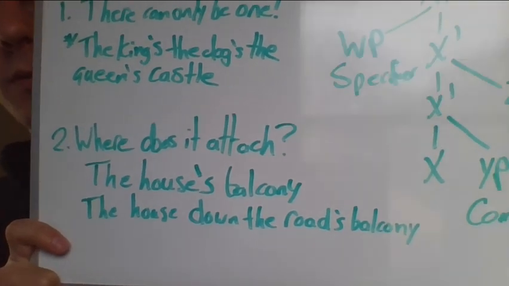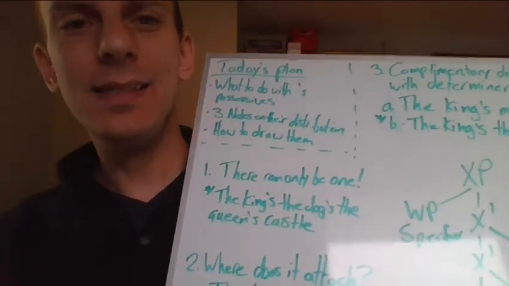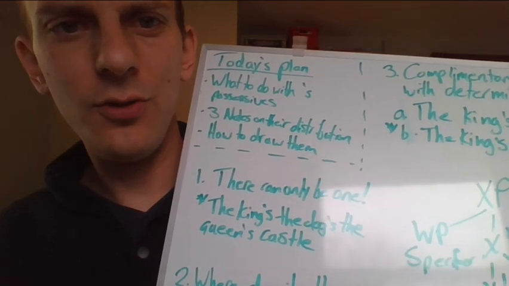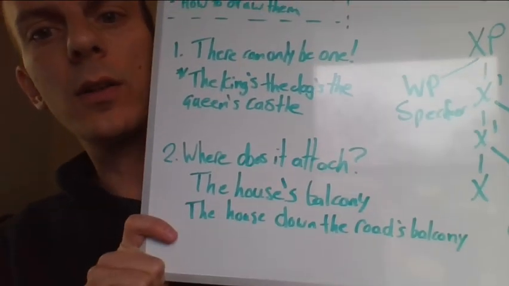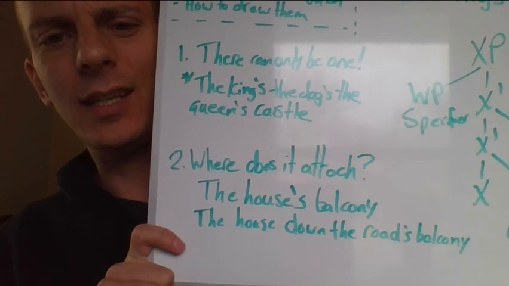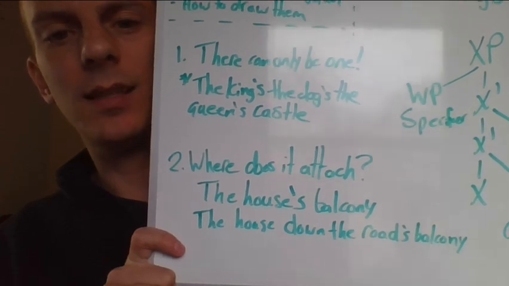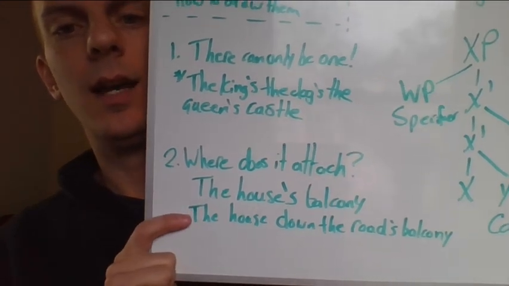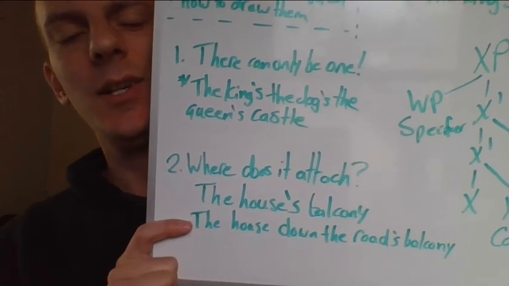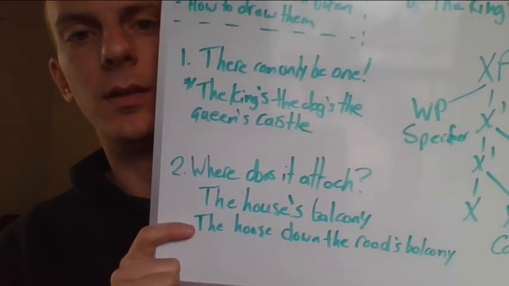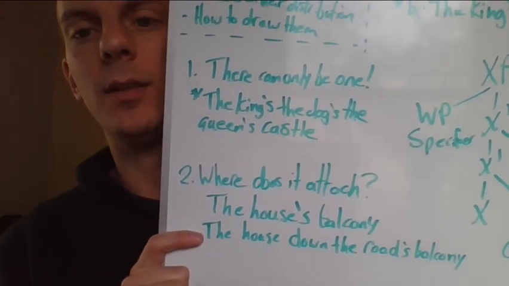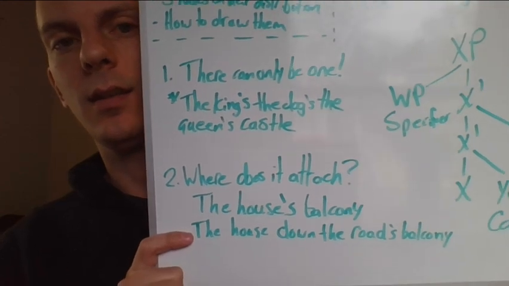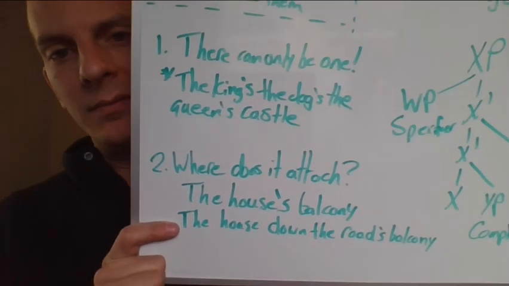Has the possessive situation actually changed? Is it suddenly the road's balcony now and not the house's balcony any longer? In that second sentence, the house down the road's balcony? No, it's not. It's not the road's balcony, despite the fact that the apostrophe S attaches to road.